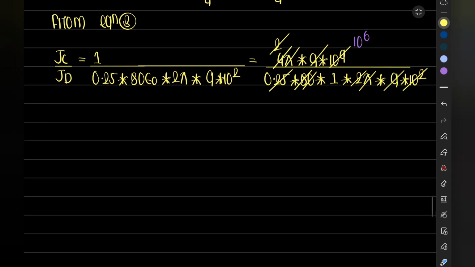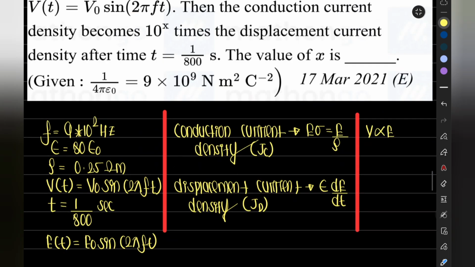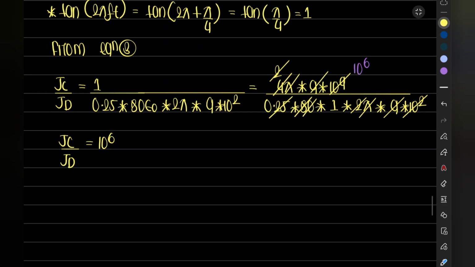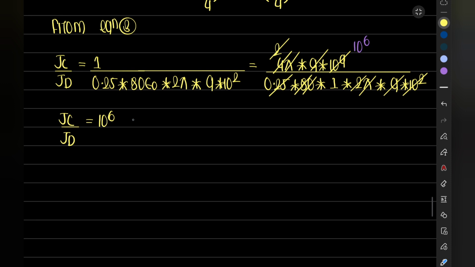So ultimately what we got is JC, the conduction current density, by JD, the displacement current density, is 10 to the power 6. As per the question, we want to find the value of JD. So the value of JD will be 10 to the power minus 6 times the conduction current density.